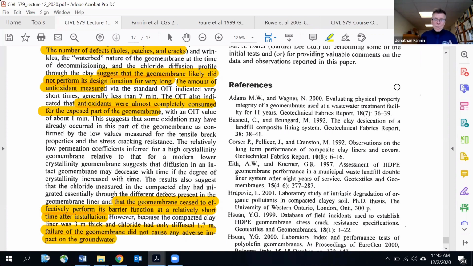So let's not mix up service life of a system with the required service life of components in a system, while still ensuring that durability and service life are adequate for all of the components in the system.